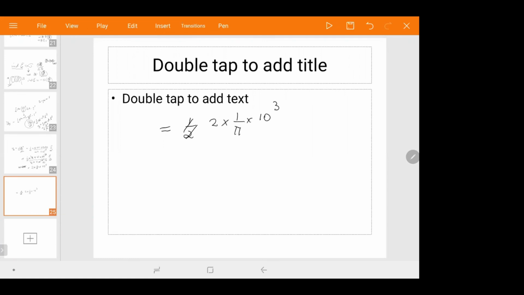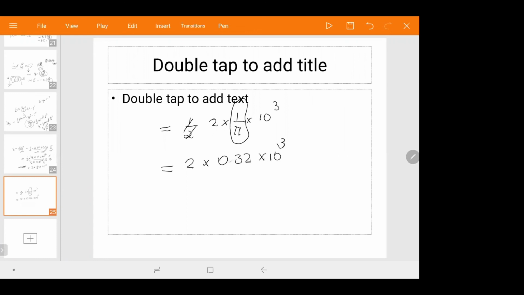Please remember this from today onwards. This 1 over pi, to a very good approximation, is equal to 0.32. You don't need any calculators. So 0.32 times 10 to the power of 3.